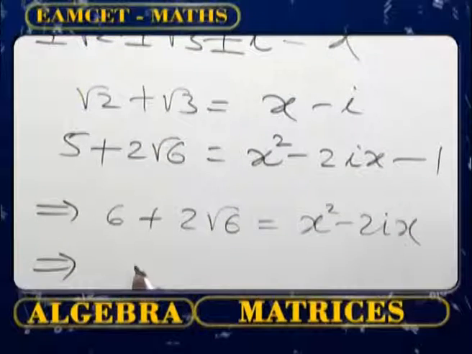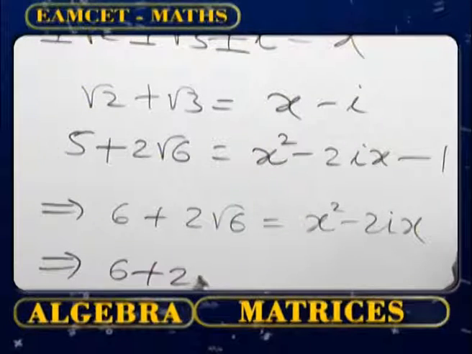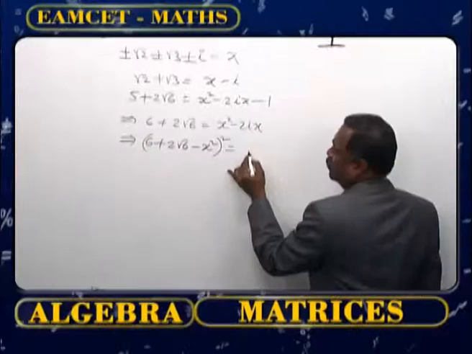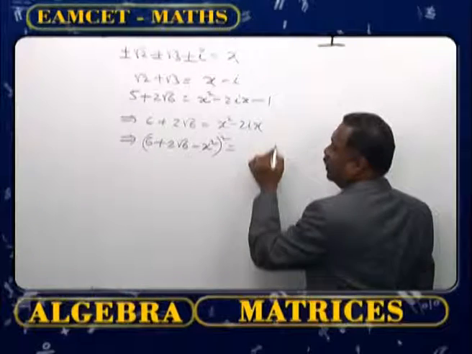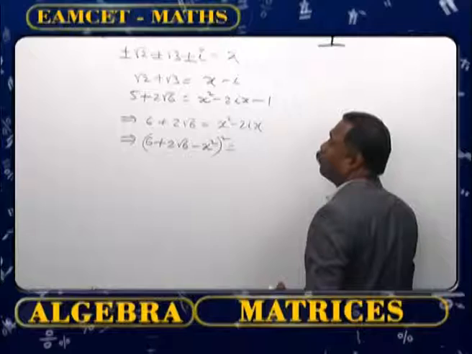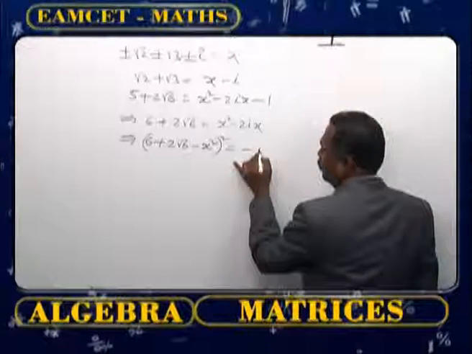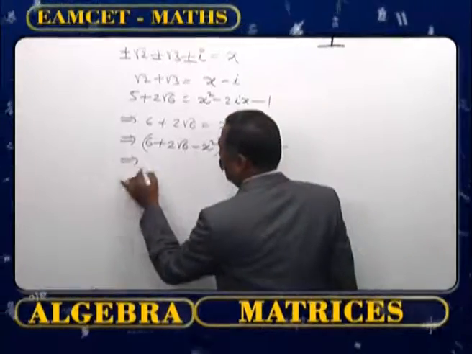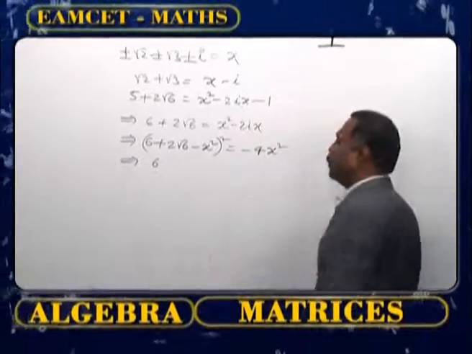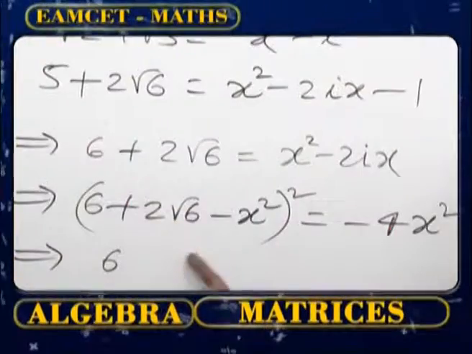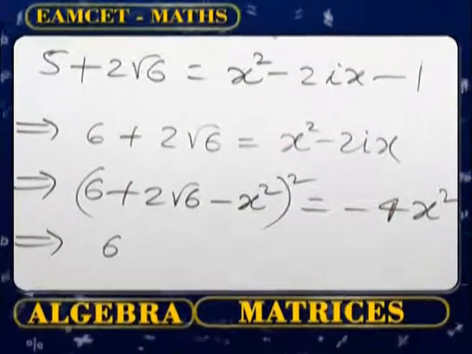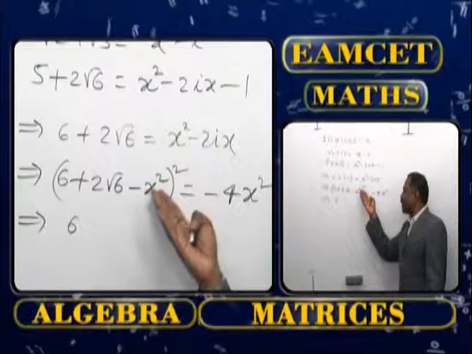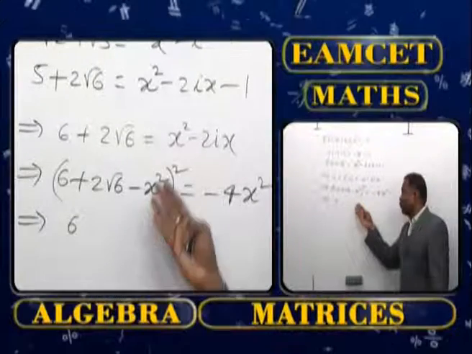So, 6 plus 2 root 6 minus x square, whole square, is equal to minus 2ix whole square, which is 4 i square x square, that is minus 4x square. Now, if you expand this, it is power 4. To remove this root 6, you have to square again. Here x square whole square gives x power 4, so x power 4 again squaring.